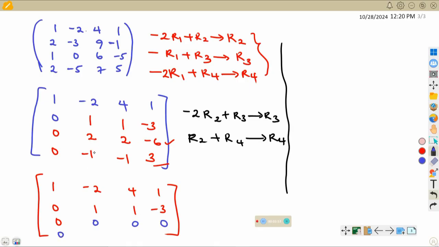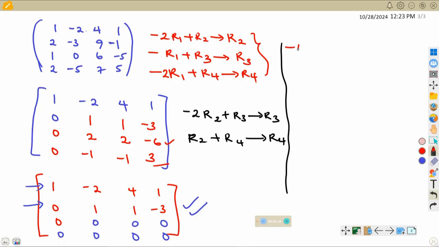This will give us, we are adding this and this. This and this will be 0 as well. This and this will also be 0. This and this will also be 0. So we shall obtain such a matrix. So having got our echelon form, we can now deduce the basis and the dimension.